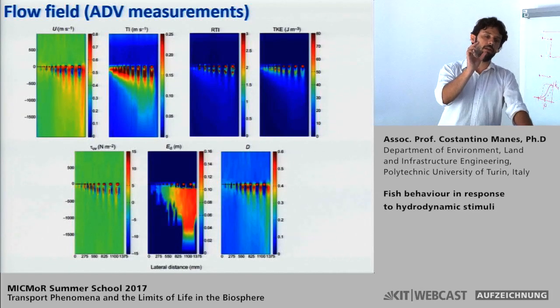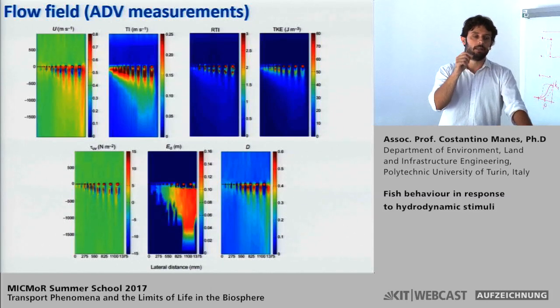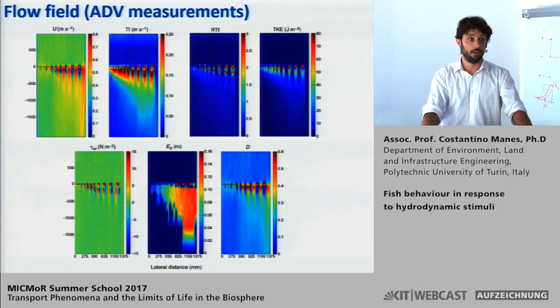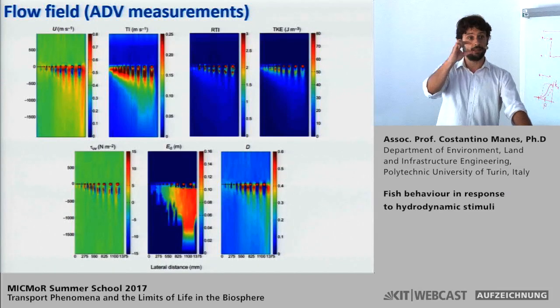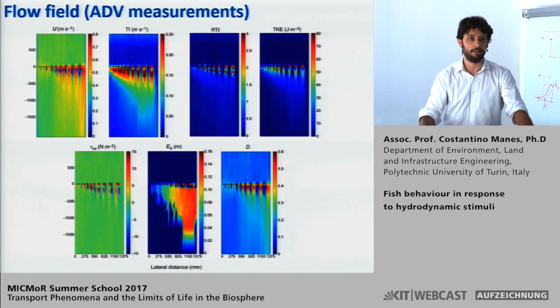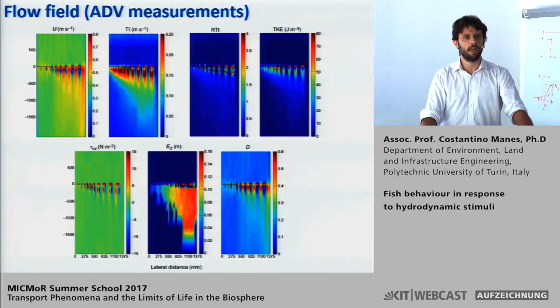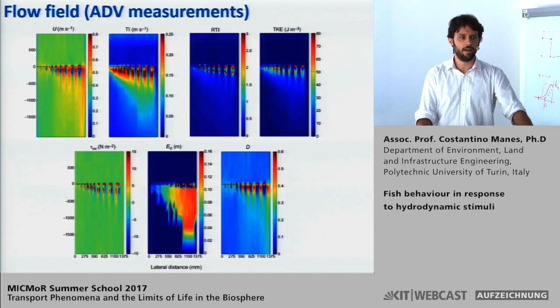ADV allows one-point measurements by sampling time series of velocities in all three components of the velocity vector. Frequencies vary between 50 and 100 hertz, but that doesn't really matter because the sampling volume is fairly large, so the measurements are filtered. But ADVs are okay to measure the bulk properties of the flow, up to the second order statistics. I think we are fine.